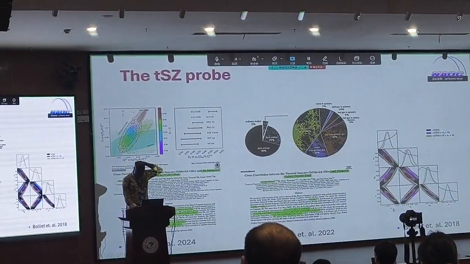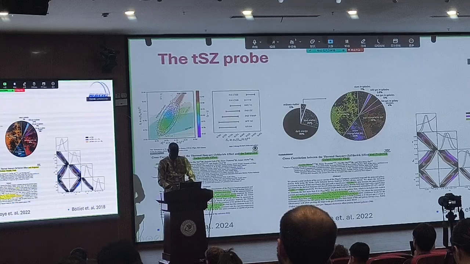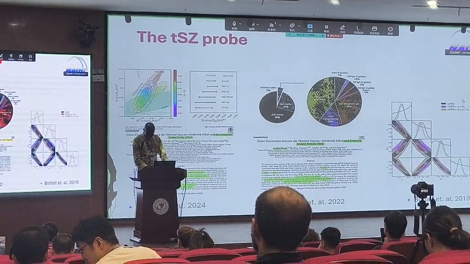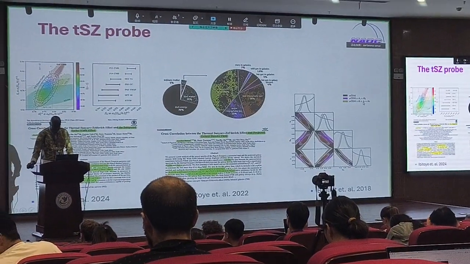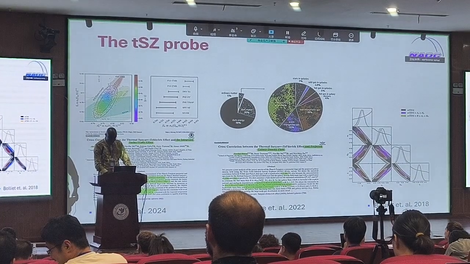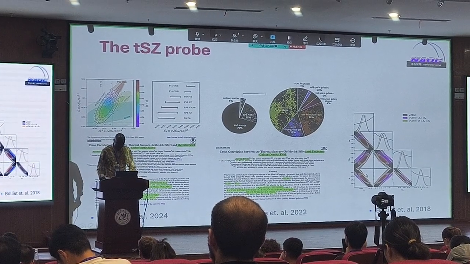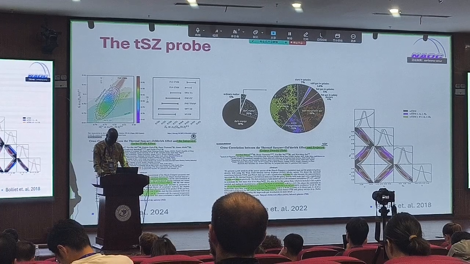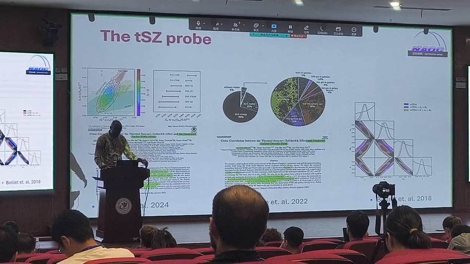Similarly, in 2018, Bolliet combined constraints from the tSZ angular power spectrum with the scalar amplitude constrained by CMB data and H0 to place tight constraints on w. So the tSZ is also versatile, being an integration over the line of sight.